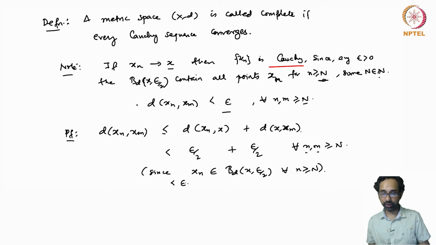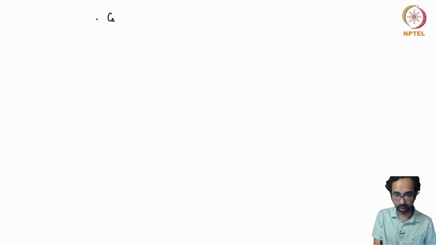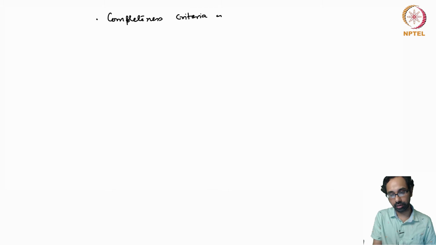So any convergent sequence in a metric space is Cauchy, and the completeness criterion is the converse. It says that every Cauchy sequence must converge. So the completeness criterion is a converse.